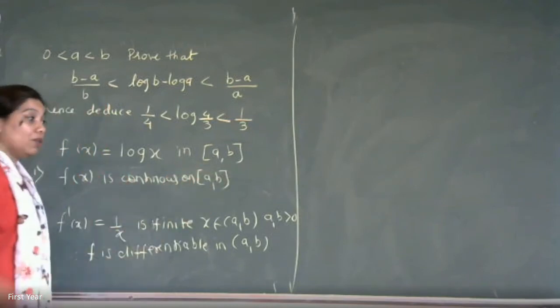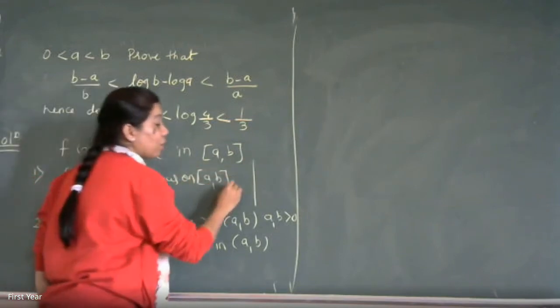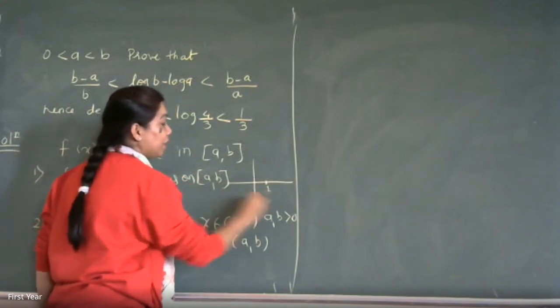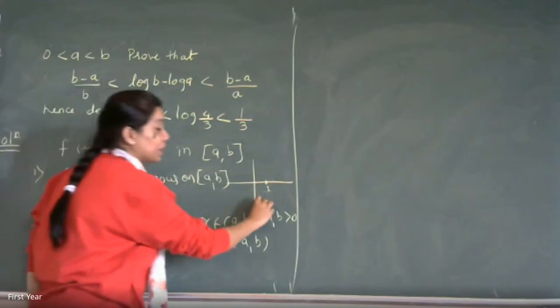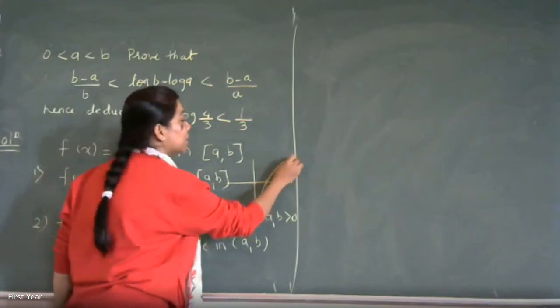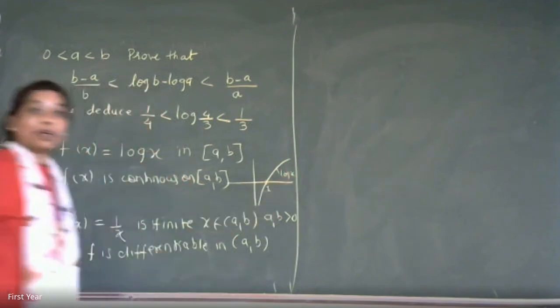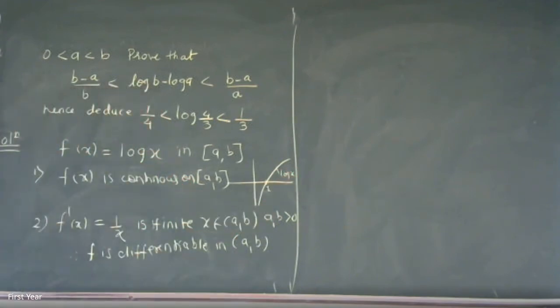Or you can draw the curve of log x. You know log 1 is 0 and log of 0 is minus infinity. This is the function log x. Log x is 0 when x is 1, and when x is going to 0, it becomes minus infinity.